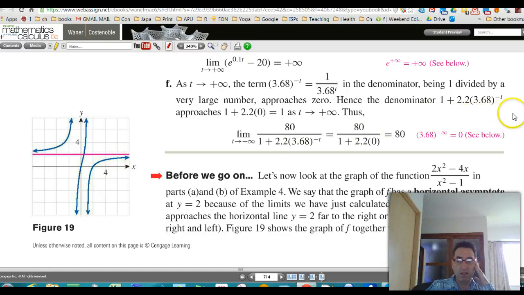So I guess we just did this, and we got 2 to the right and 2 to the left. This means that the graph approaches the horizontal line y equals 2, far to the right or left, in this case, both right and left. Figure 19 shows the graph of f together with the line y equals 2.